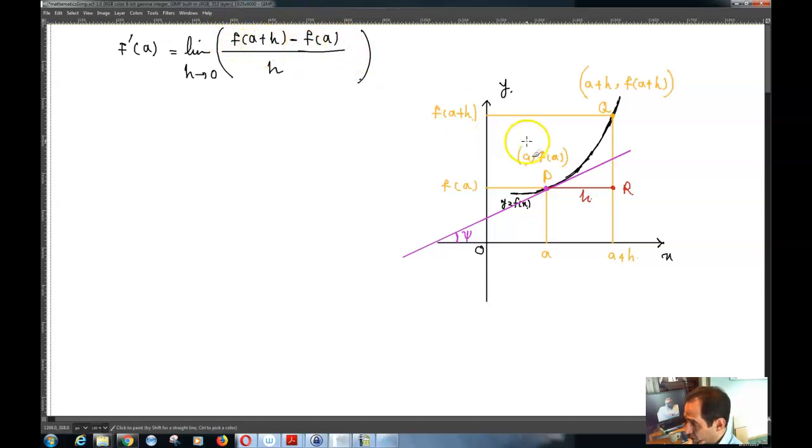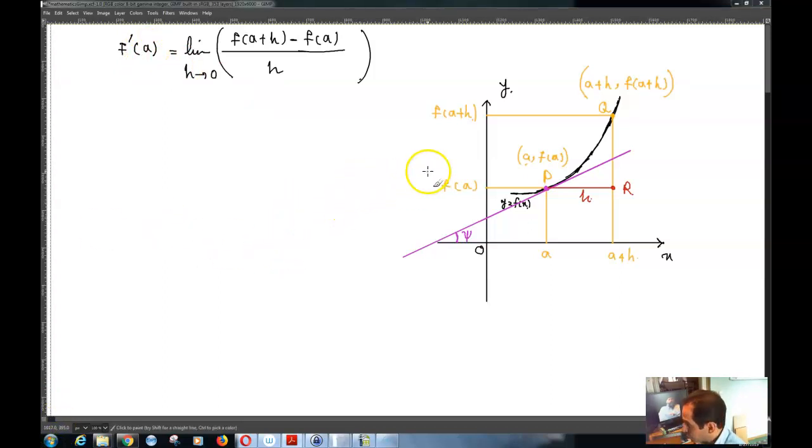F of a plus h is basically this value over here, minus f of a, so that's the distance between these two points, over h, which is the distance between these two points. If you take the limit of this ratio as h tends to 0, that would be the derivative of the function at point A.